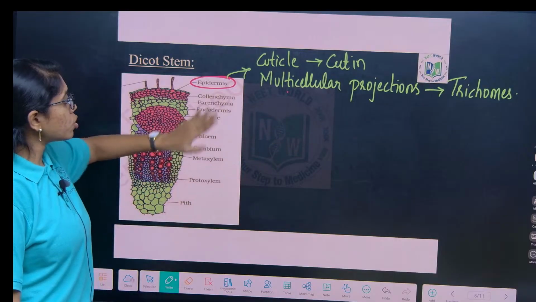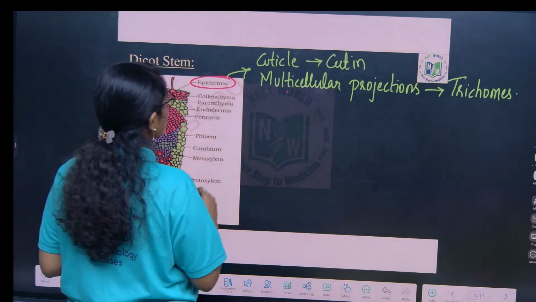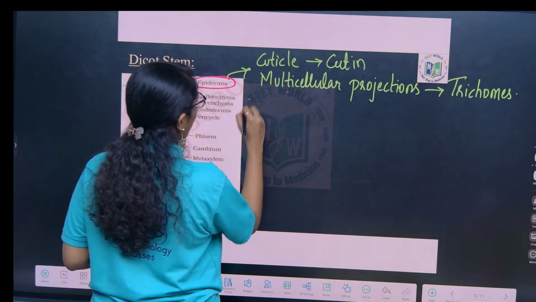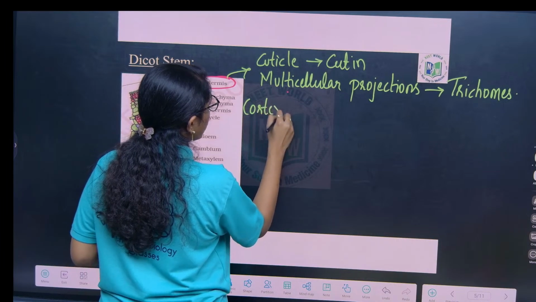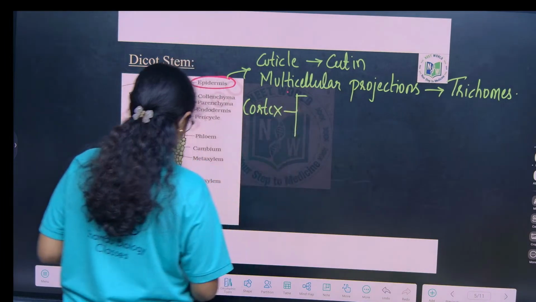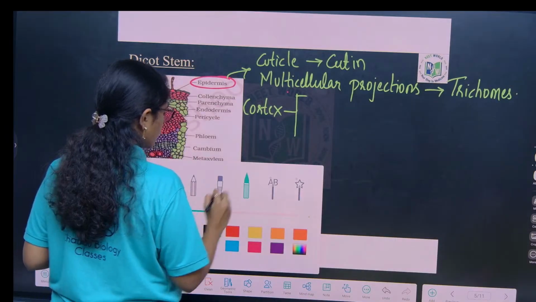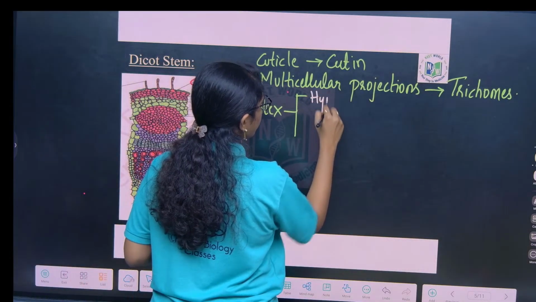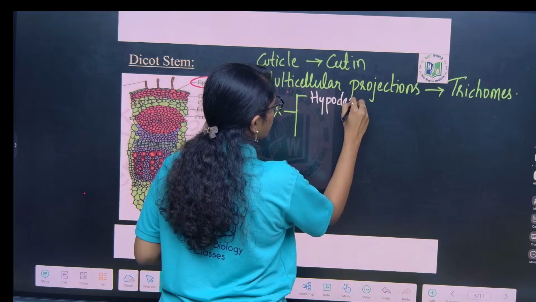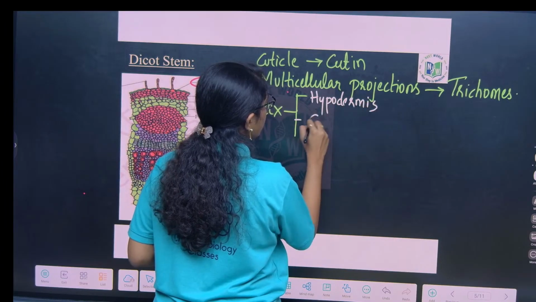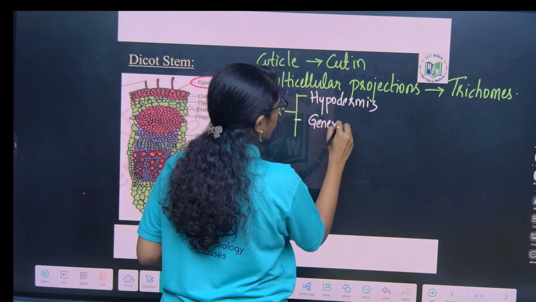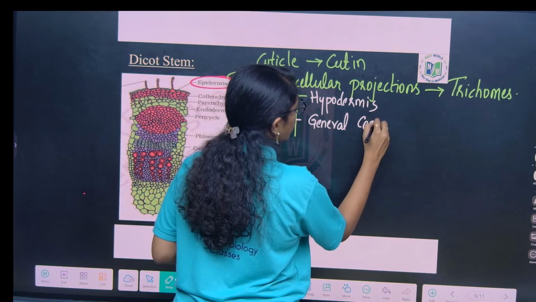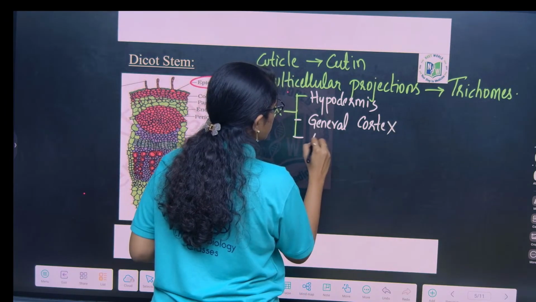Next to the epidermis, cortex is divided into hypodermis, general cortex, and endodermis.